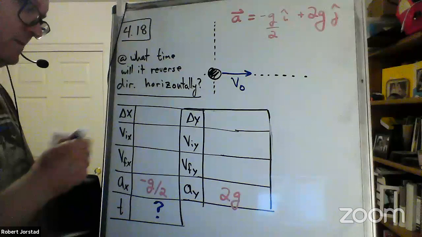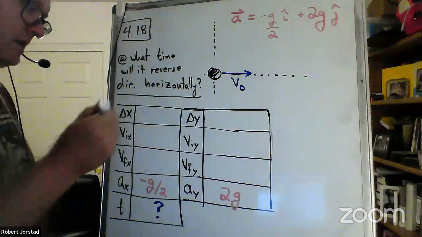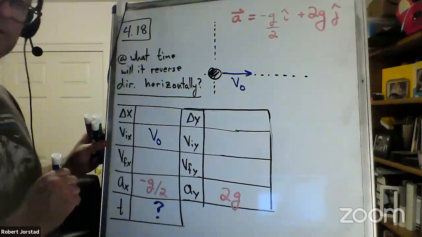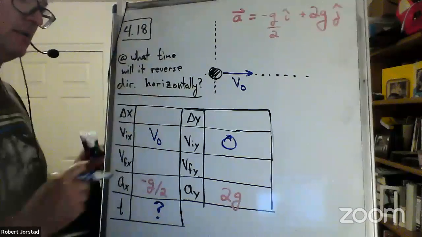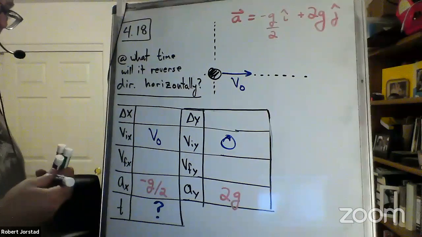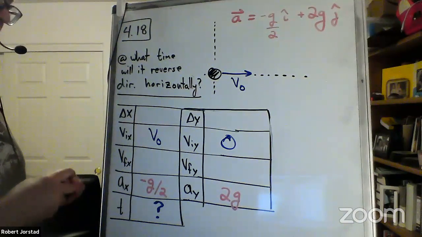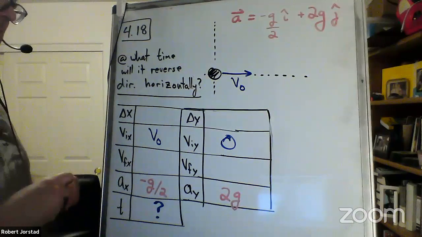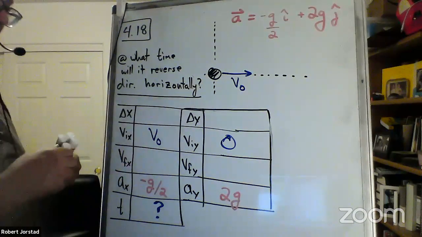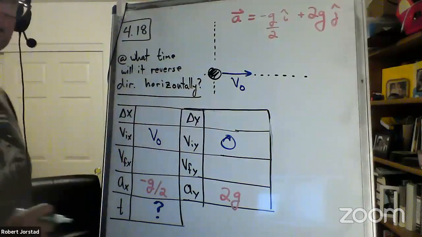V initial x is V0. Okay. What's V initial y? 0. Nice. Okay, because it's all horizontal. Good. And then what else do I know or not know? Do I know the delta x's? What do you think? And the delta y's?